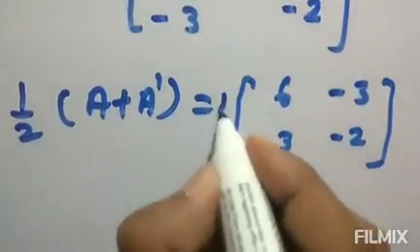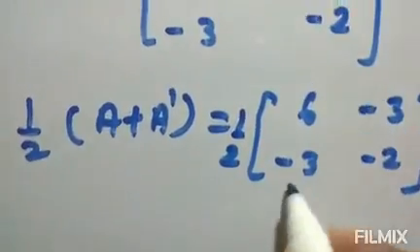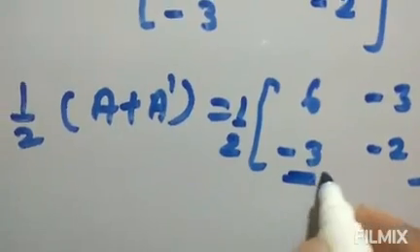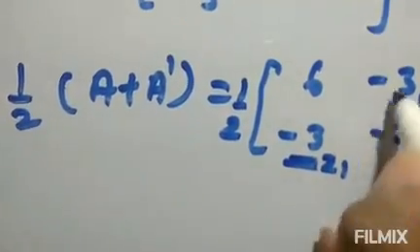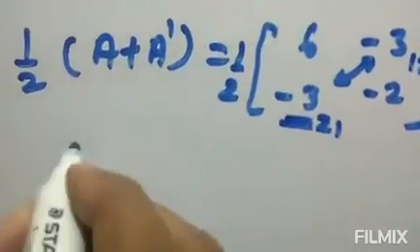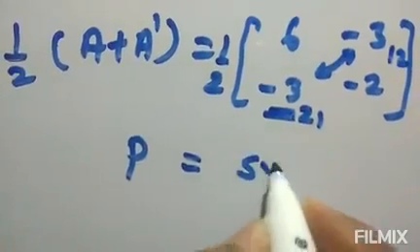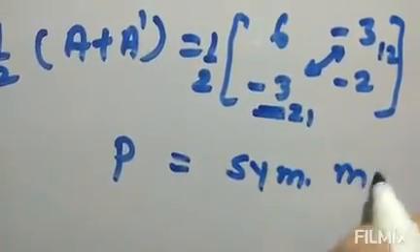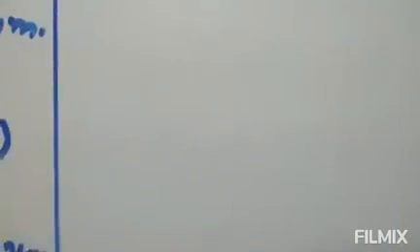This half times of this matrix is a symmetric matrix because the a21 and a12 are both the same, so it is a symmetric matrix. Suppose we call this one P, so we got the symmetric matrix of A, it will look like this.